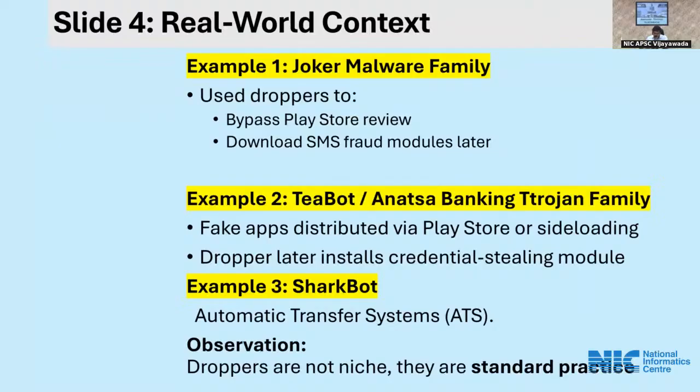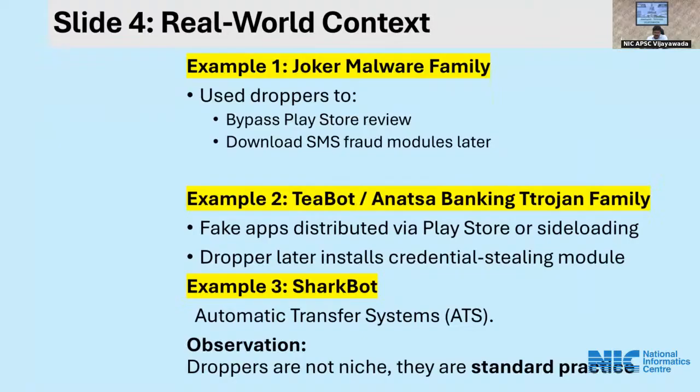I will focus on consumer grade droppers that have widely been documented. There are many that are not documented, but I would cite a few of them that were documented. First one is the Joker malware family. This is a textbook example. Joker first appeared in 2017 and has resurfaced repeatedly under different names and disguises.